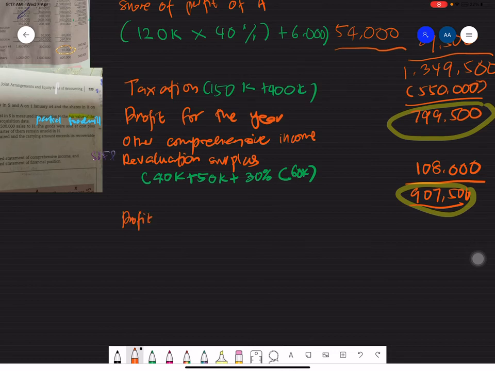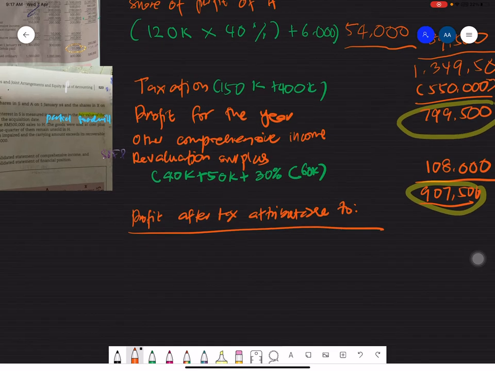This one is profit after tax, isn't it? Profit for the year is actually profit after tax. So profit after tax attributable to, divided between the equity holder of parent, of H, and non-controlling interest.